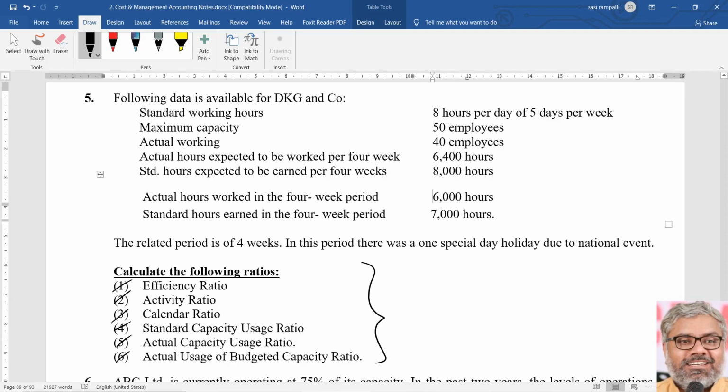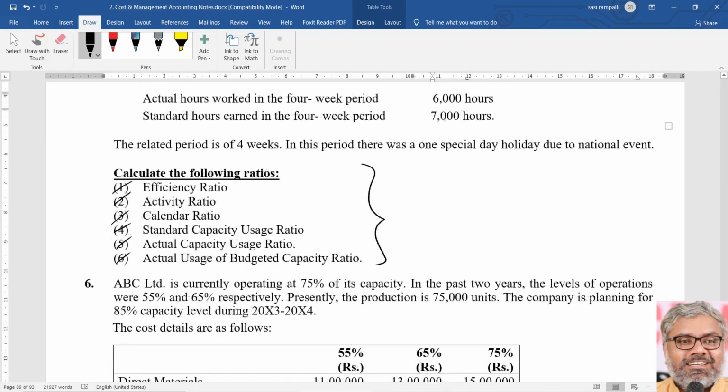But they will not come just like that in memory in the exam hall. That will be the situation, I am telling you with experience. Don't fall into that trap. The right thing is to simply remember the ratios and just use them if a question comes from that. That's all. That is question number 5.